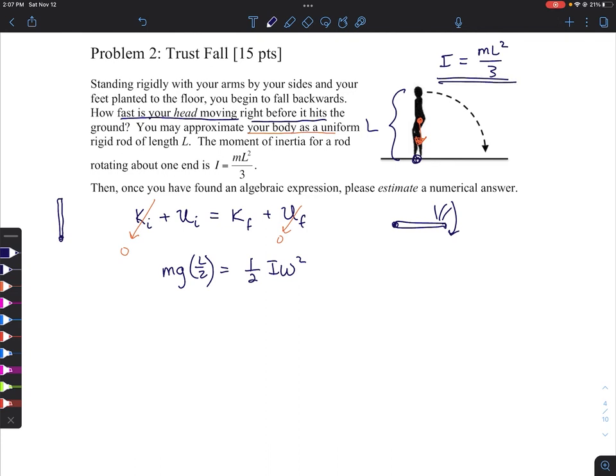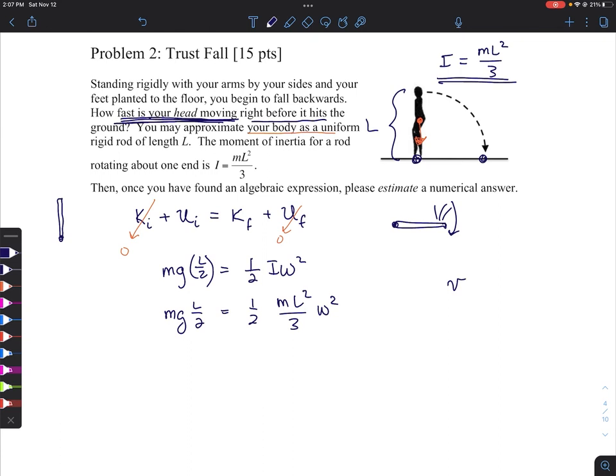So we were told the value for I, so mgL over 2 equals 1/2 times I, which is mL squared over 3, times omega squared. Now we want to know the speed of the head right before it hits the ground.